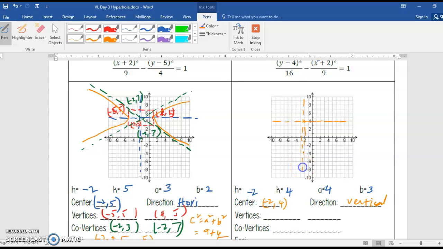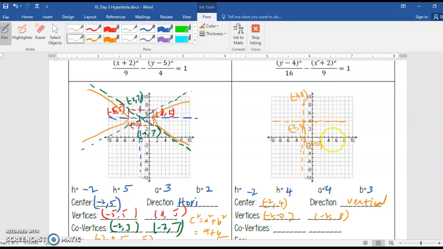On the axis lines, a is 4 this time, meaning 4 above and 4 below. So this is negative 2 and 4, the center. 4 above would be negative 2 and 8, and 4 below would be at the axis line, negative 2 and 0. Let's write that down. And b is 3 units to the right, 3 units to the left, 1, 2, 3.